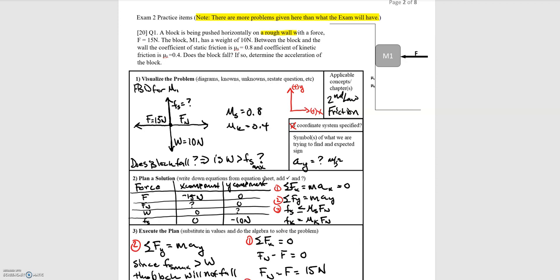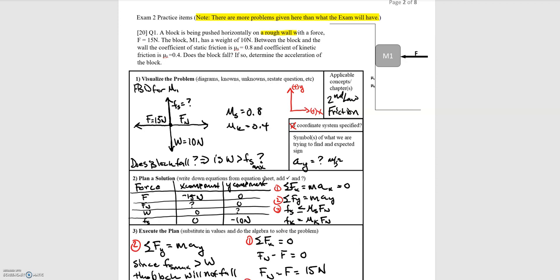What you're going to find is it won't slide if you apply a great enough force. And so this is the situation that's happening here in problem 1. Is the force great enough to keep the block, or from the example I just said, the book, from falling down?